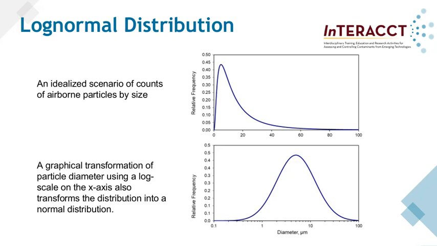Now, if the x-axis is given a log scale, as shown in the lower plot, which is a graphical transformation instead of applying a numerical transformation, as was just discussed, you see in the lower plot that the distribution has become normal. Again, when that occurs, we can say that the logged values constitute a normal distribution, and then can use all the properties of a normal distribution on the logged values, and then transform them back to their original units. An example will be given later to help explain this concept.